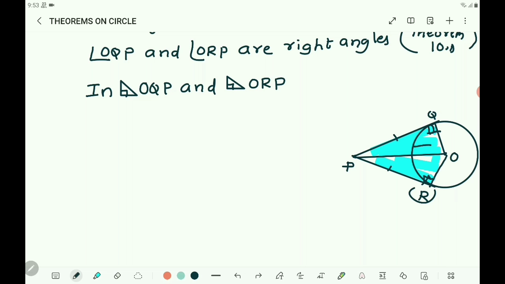So first you write OQ equals OR. Reason: radii of the same circle.